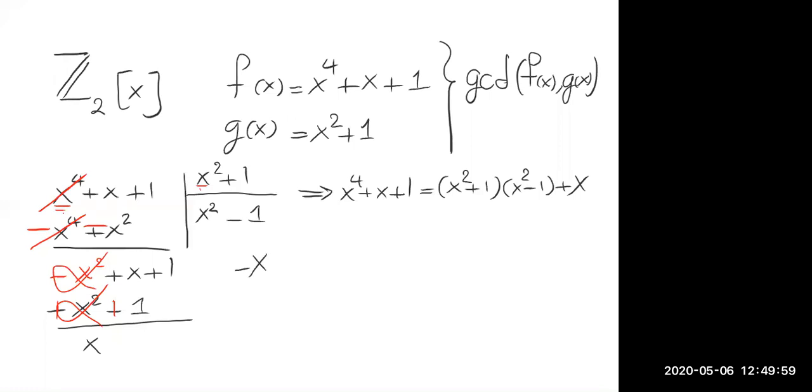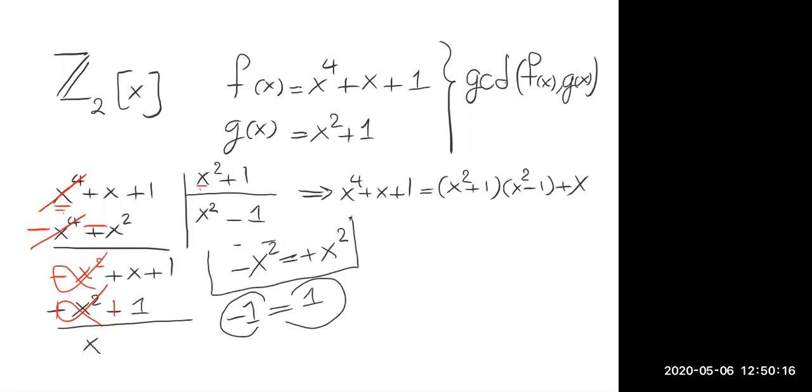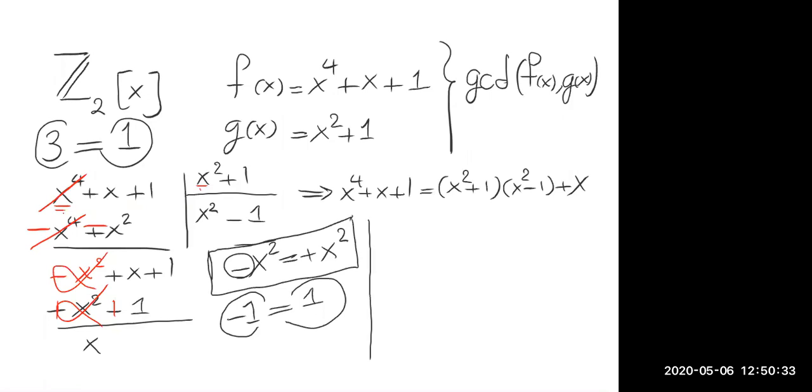I just mentioned that these two things are equal because minus 1 is equal to 1. It's in Z2, you are allowed to write minus 1, but you should just have in mind that minus 1 is the same as 1. So I switch it, but I have in mind that these two things are equal. It really doesn't matter. Like I can write 3 in Z2, but 3 is the same as 1. So whenever I have 3, I can just write 1. So I just changed it at the end.